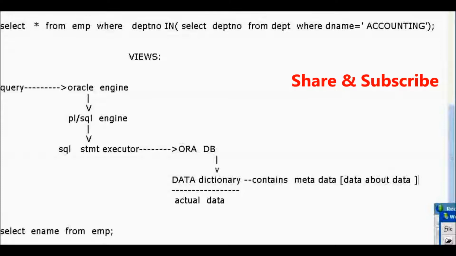Simple metadata in the sense, suppose you and me are employees of a company. You have your personal details, I have my personal details. But the company has to maintain our details in their tables. In which table they have saved our details, in which columns they are maintaining the data, what are the data types of those columns, what are the sizes of those columns. This kind of information is known as metadata.